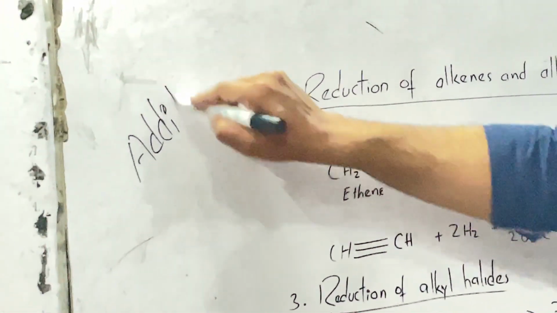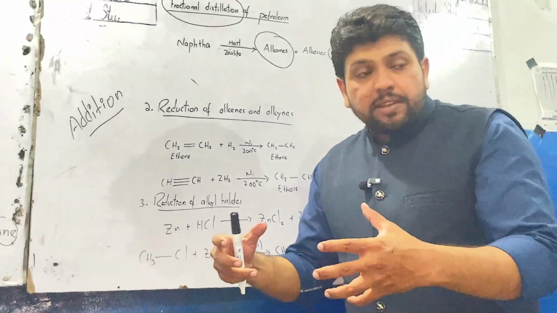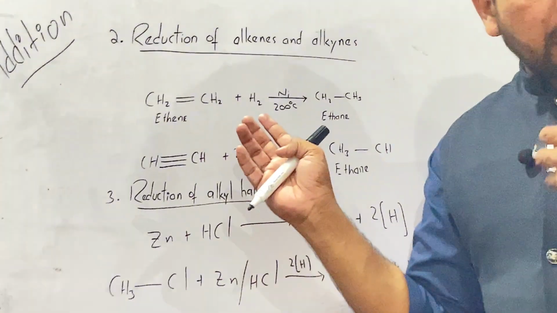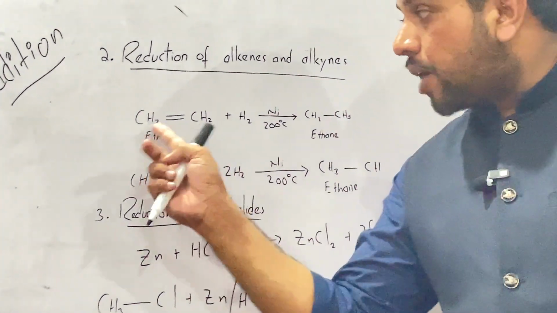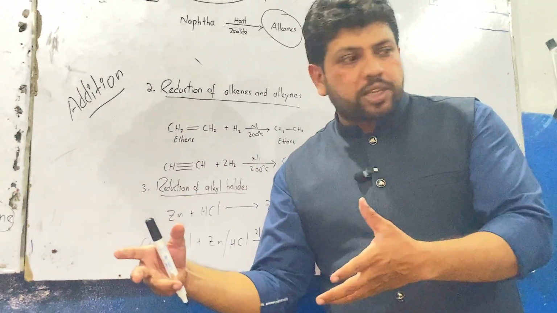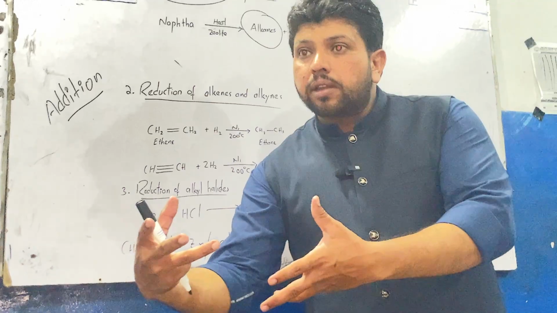Why is it known as an addition reaction? Because in this reaction we add molecules into hydrocarbons. For example, if we add hydrogen to the hydrocarbon, it is known as hydrogenation. If we add oxygen, it is known as oxidation. If we add halogen, it is known as halogenation.